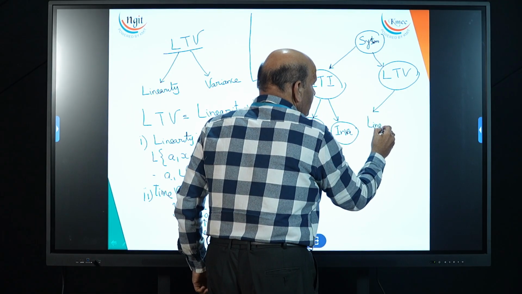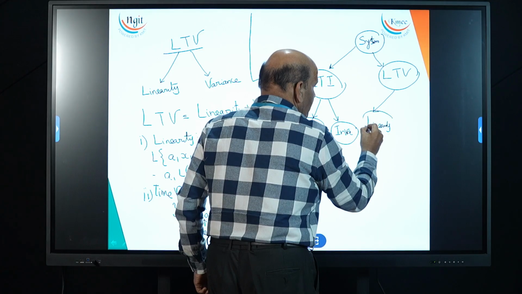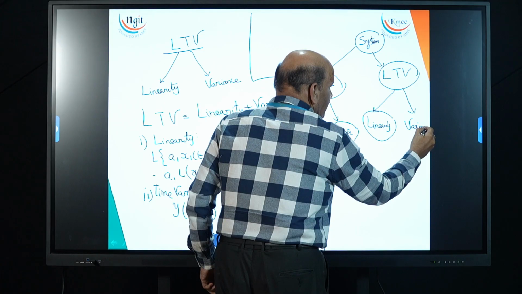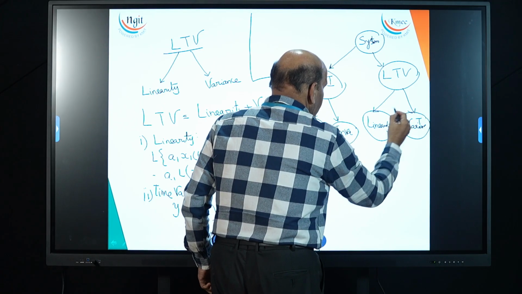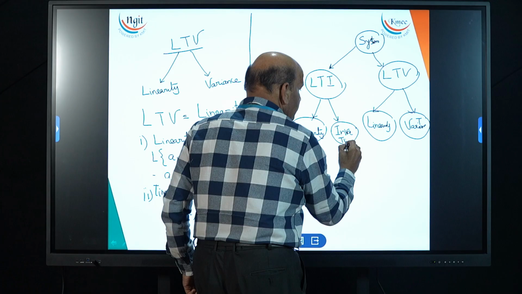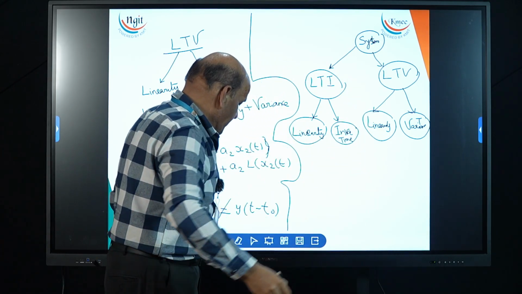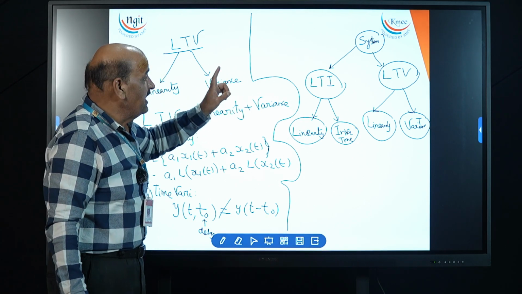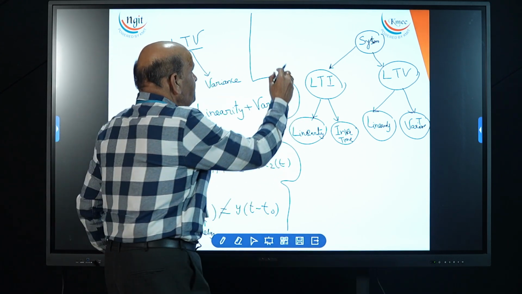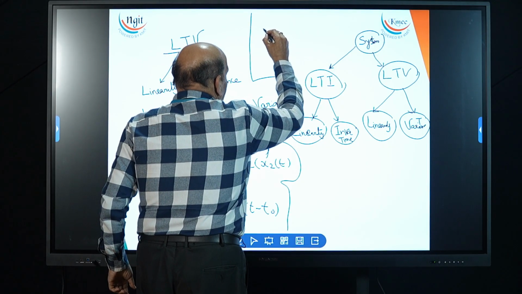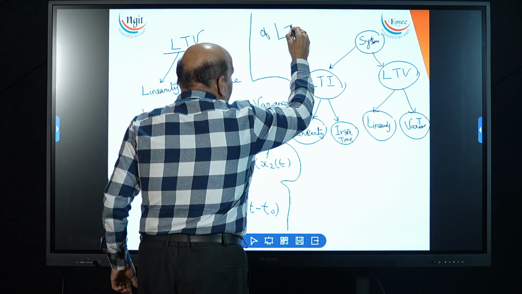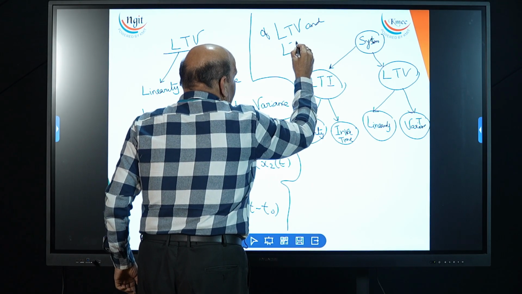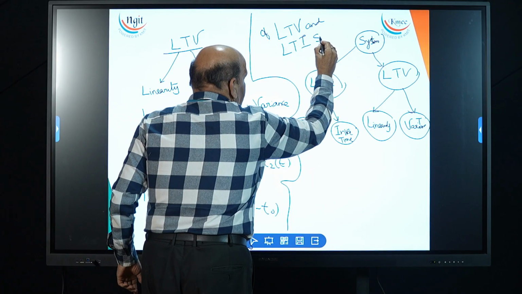Again it gives the linearity property plus the variant property, time variance. Here invariant means time invariance. This is the exact, clear-cut classification of linear time variant and linear time invariant systems.